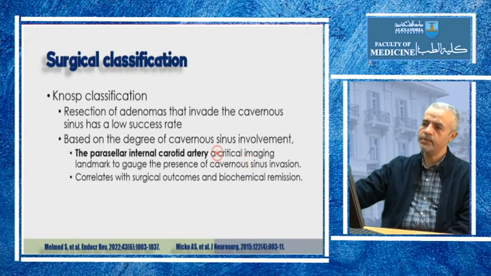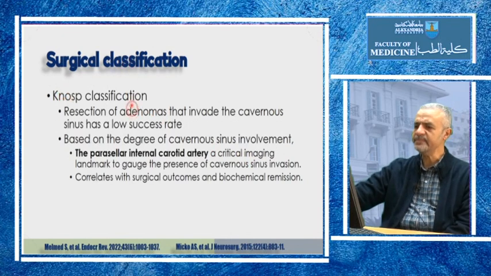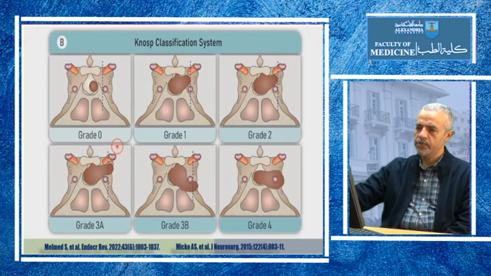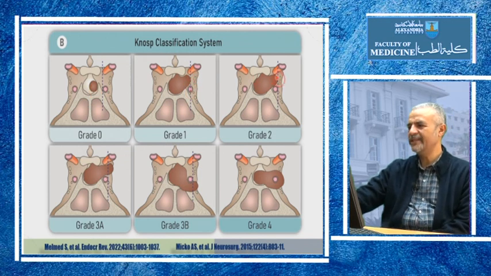A more commonly used surgical classification is known as the Knosp classification. And actually, the Knosp classification depends on the relation of the tumor to the internal carotid. So this is the internal carotid. If the tumor is limited to the internal carotid line, this is non-invasive, or it may be related to the intermediate carotid line or the lateral carotid line, and all these grades are considered to be non-invasive.